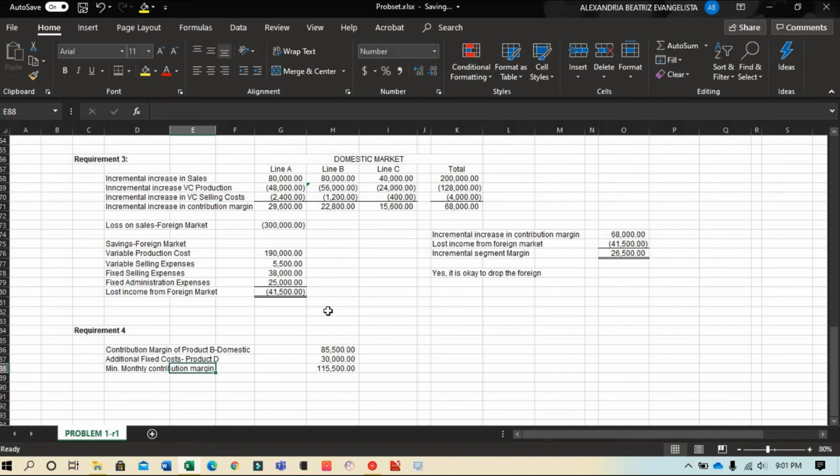It is asked in the problem that we have to determine the minimum monthly contribution margin that the new product would have to produce in order to make this introduction desirable.